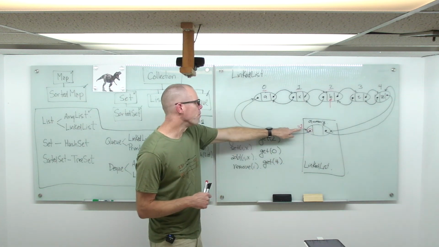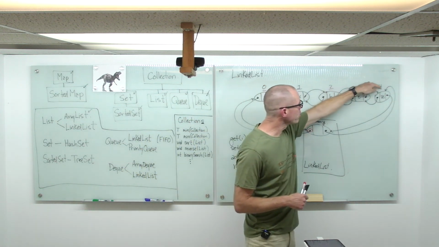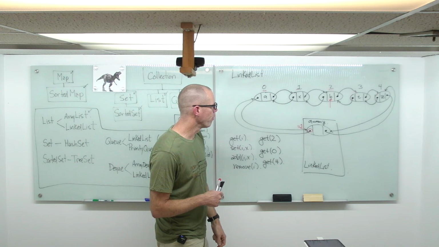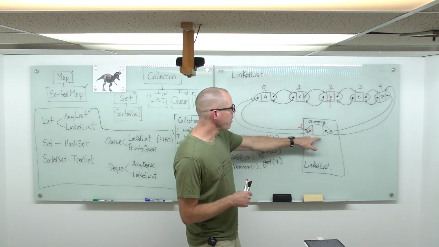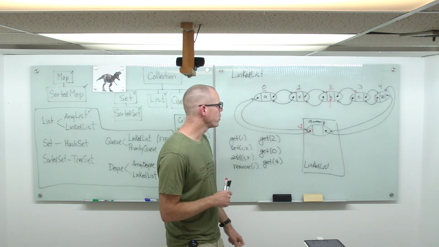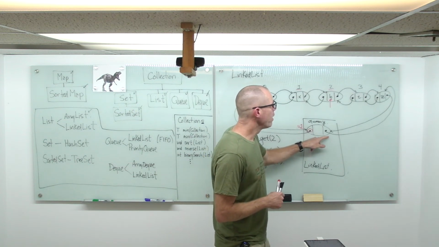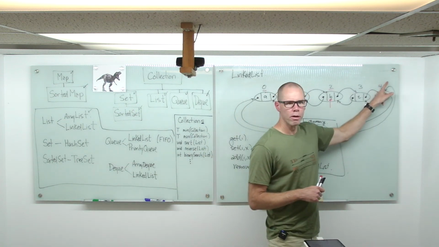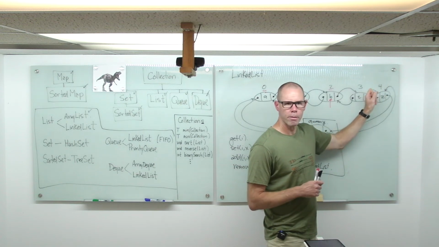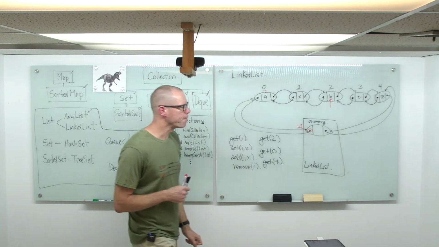I'm starting at position -1 and going all the way up to position 4. That's a difference of 5. Instead, it makes a lot more sense for me to go in the other direction, follow the previous pointers from the dummy node. That takes me immediately to position 4, and I'm done. Okay?